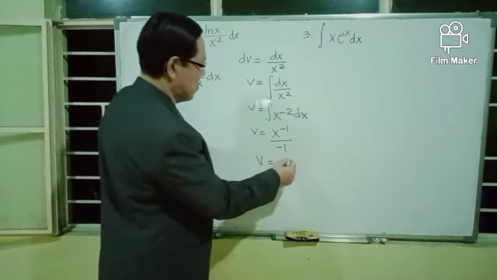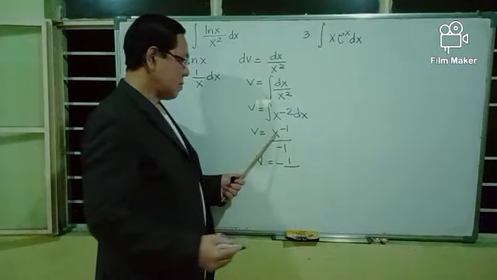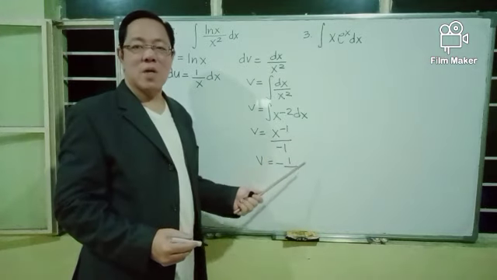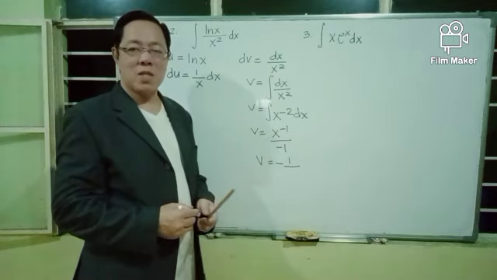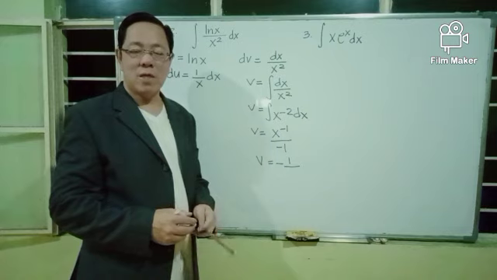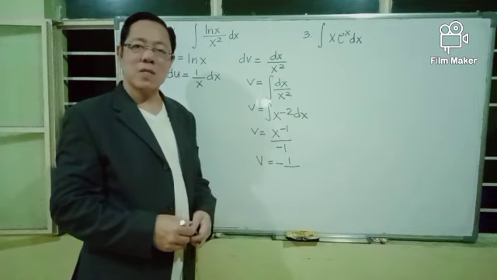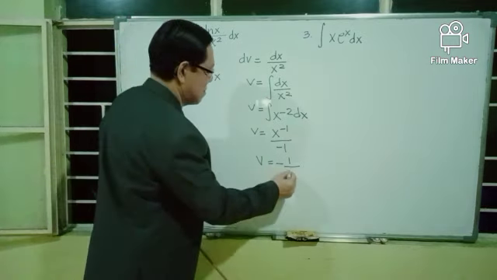So we have negative 1 over x. If you bring x to the negative 1 to the denominator, the exponent of x becomes positive 1, x raised to 1, or simply x.